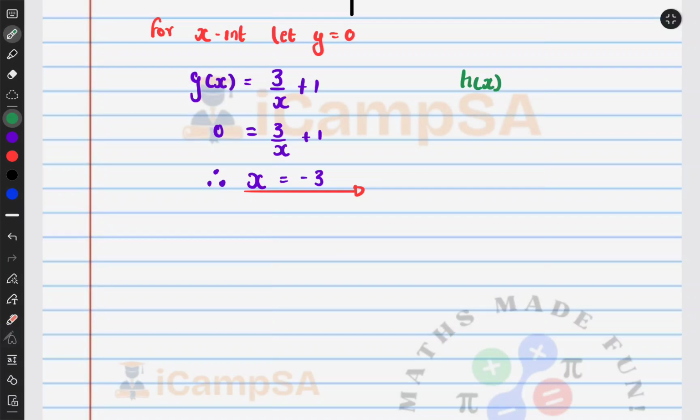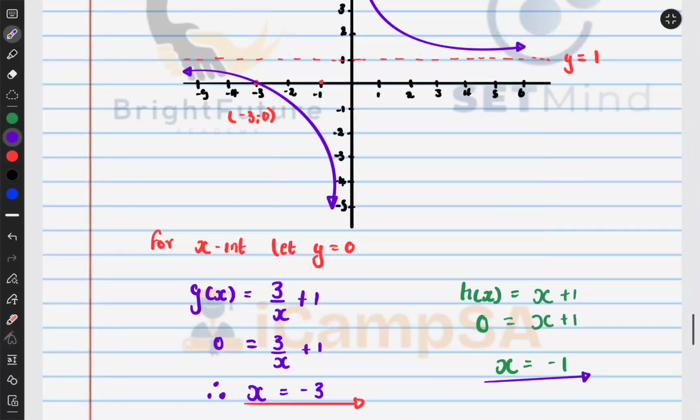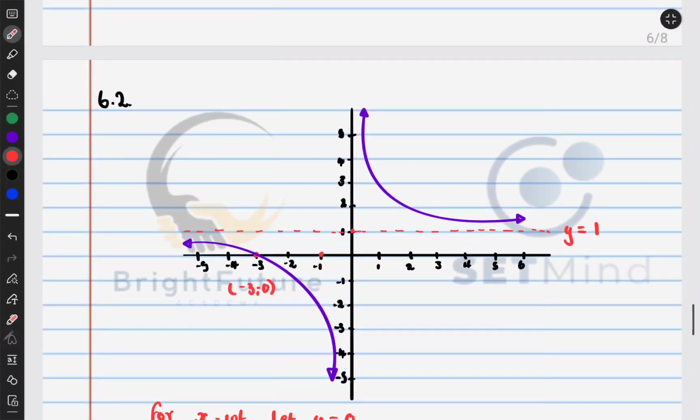The equation of h is x plus 1, and the x-intercept is where y is equal to 0, therefore x plus 1 equals 0, therefore x is equal to negative 1. That will be the x-intercept right here, and it passes through 1. Therefore the function of h is going to be of this nature. Function of h, yes.